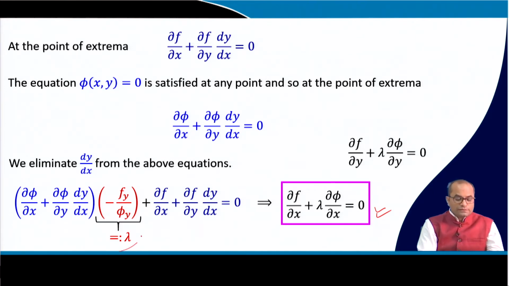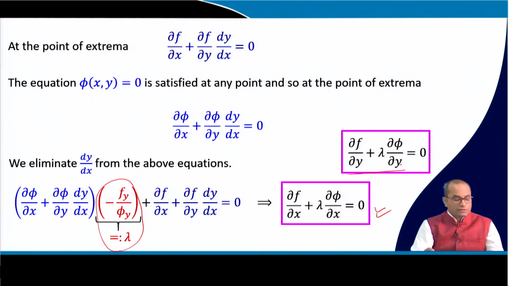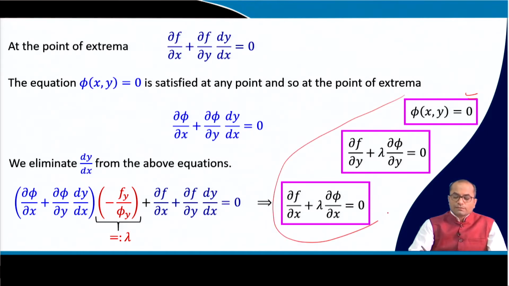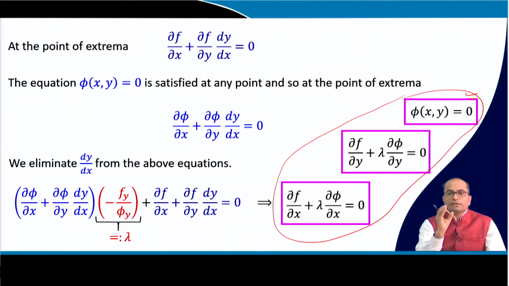Lambda must be related to f and phi by this equation, that is our other equation, and naturally phi of x, y is equal to 0 has to be satisfied at the point of extrema. So, at the point of extrema these three equations must be satisfied. If we solve these three equations, we will get those critical points where we will look for the extremum values.